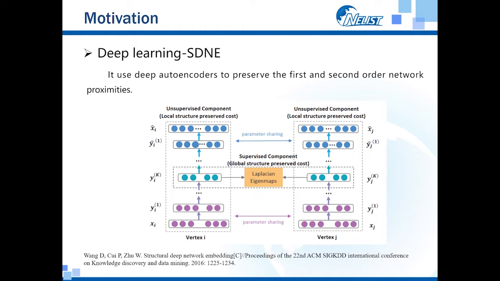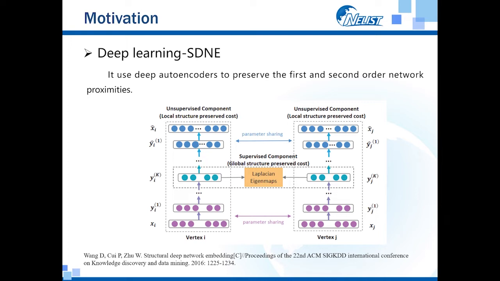It uses a deep autoencoder to preserve the first and second order network proximities. Its input and output are the adjacency matrix and the reconstructed adjacency matrix. By optimizing the reconstruction loss, the global structure information of the nodes can be preserved.